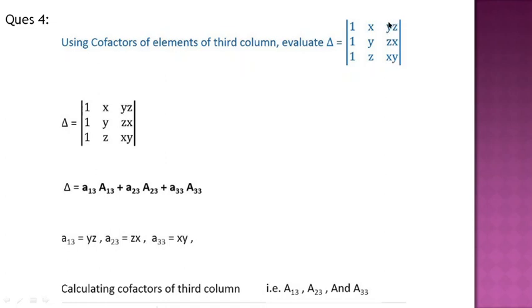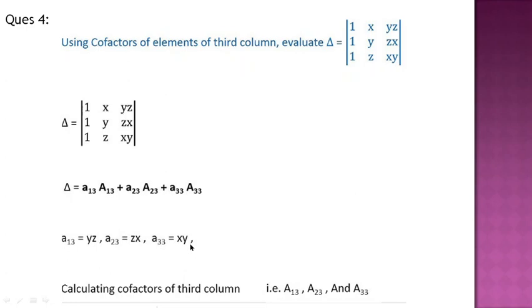This element is A13, this element is A23, this element is A33. It means we use the formula that the determinant is equal to the sum of products of elements of any row or column and its corresponding cofactors. It's given in the question that we have to use the third column, so we have to find the cofactors of the third column only. So A13 is YZ, A23 is ZX, and A33 is XY.